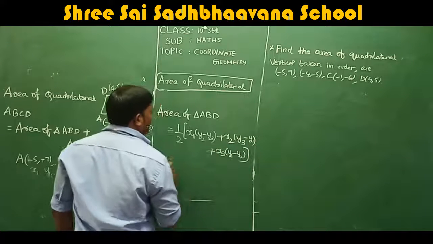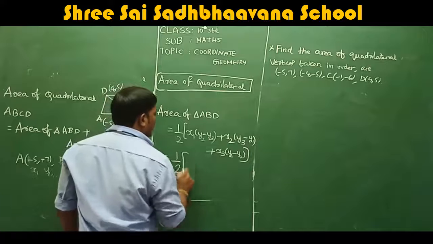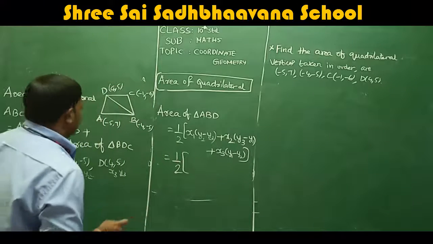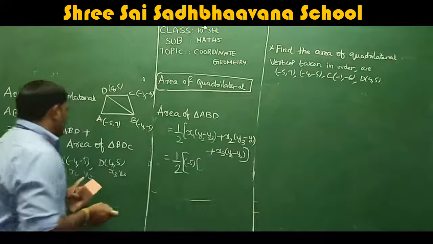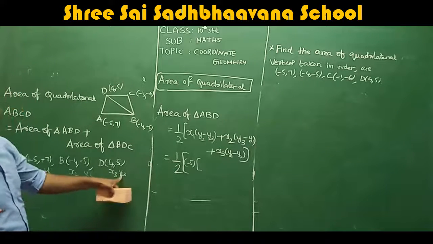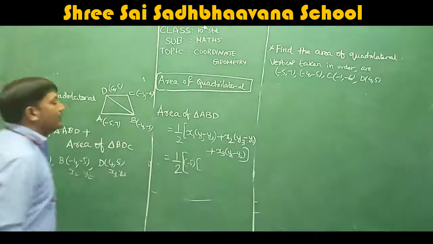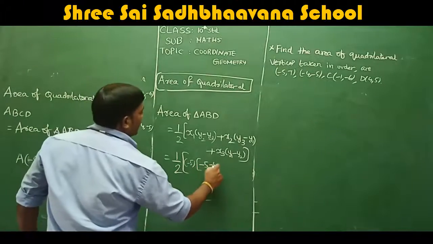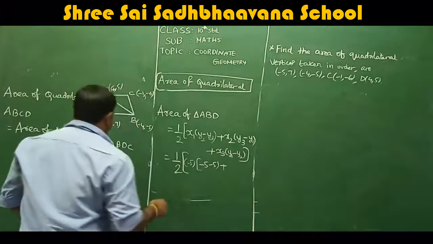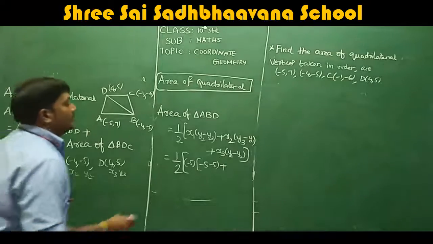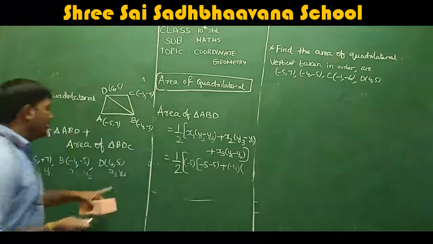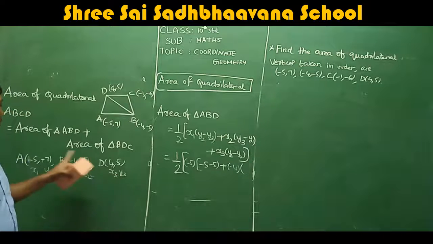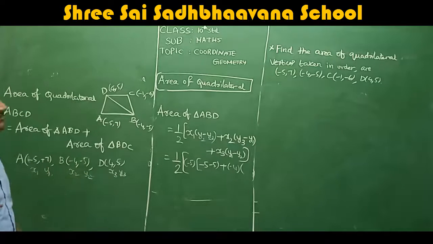minus y2. So which will give you half into, what is the x1 here? x1 is minus 5, y2 minus y3, minus 5 minus 5, correct? Plus x2, what is x2 here? Minus 4, y3 minus y1, what is y3? 5 minus y1, which is 7.